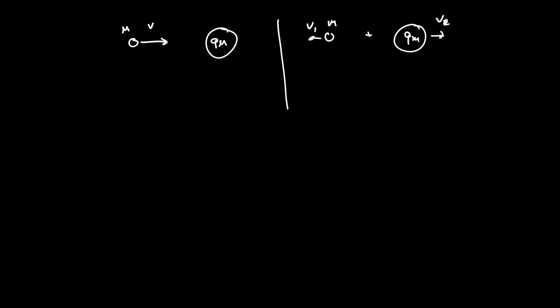Now, this is going to be harder than what's on the test. If you know that MV plus 0 equals MV1 plus 9M V2, you are likely going to be able to solve the question that's on the test.